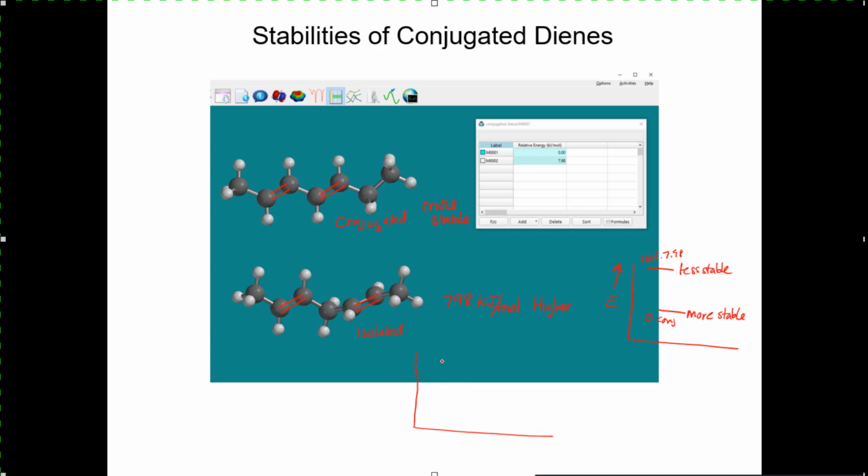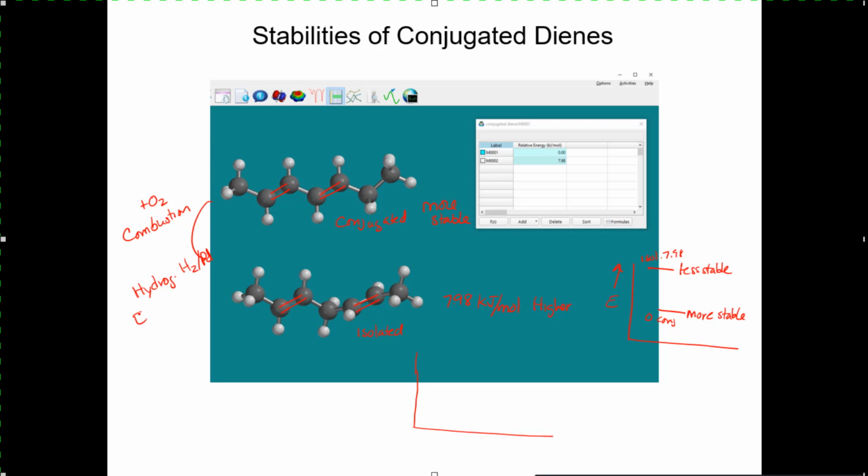The way that we can determine this experimentally is by taking these molecules and either combusting them, using a combustion reaction by adding oxygen, or we could also measure their stability by hydrogenating them using hydrogen gas and palladium.